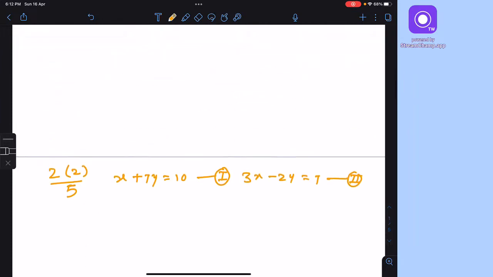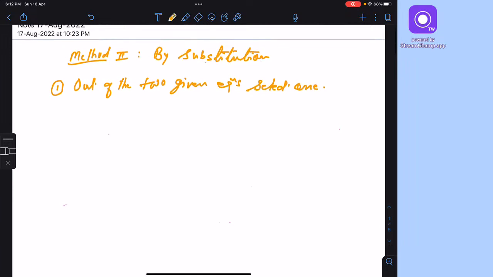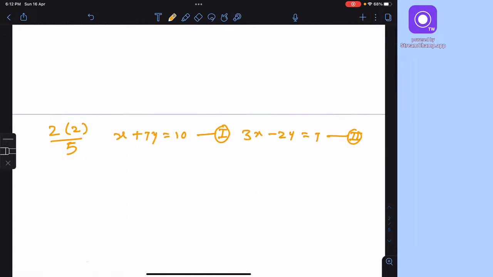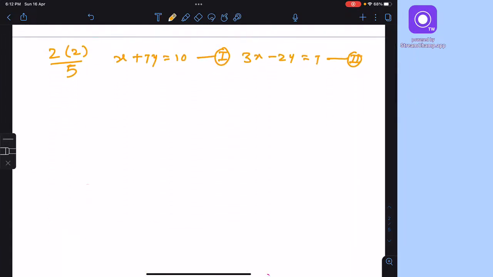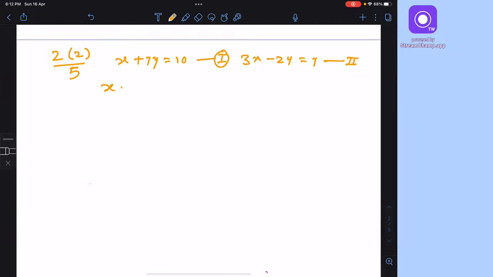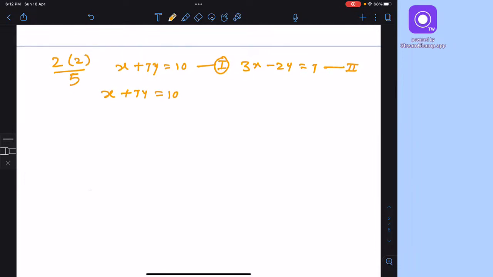Now I said here that out of the two given equations, select one. So suppose you have selected the first equation, x plus 7y is equal to 10. Now you have to write x in terms of y.